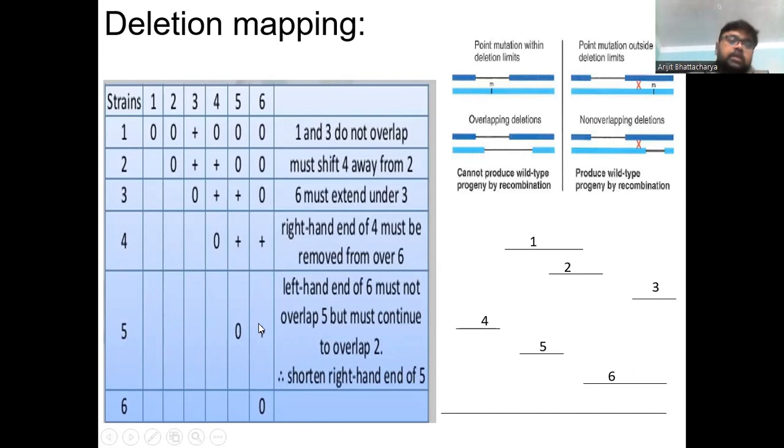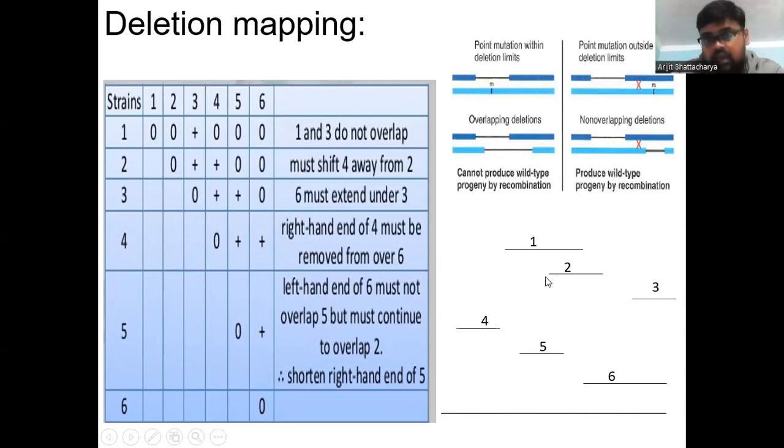So that would mean that deletion 3 is non-overlapping with 5 and 6. So with this kind of data, you can construct a deletion map like this.